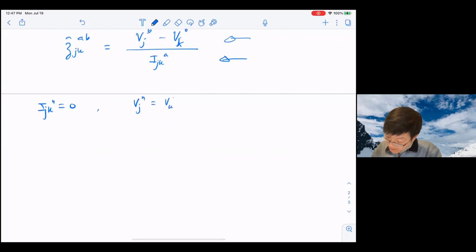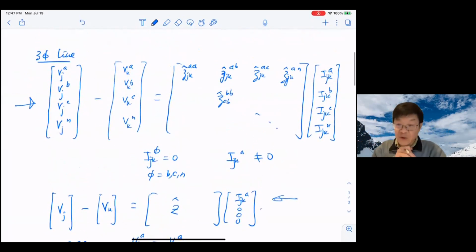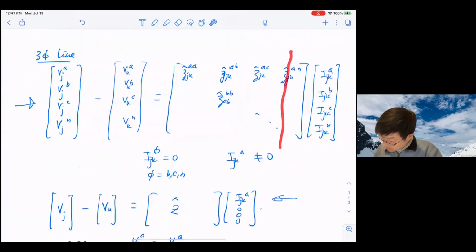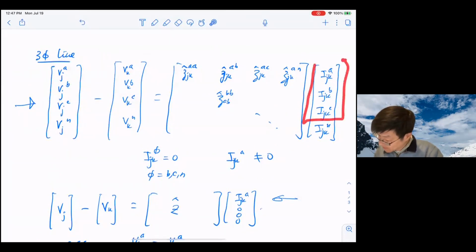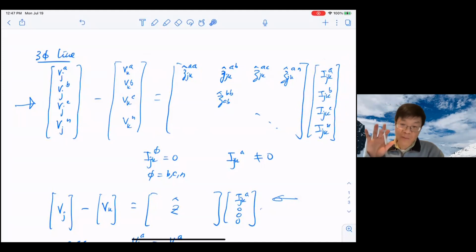Now, if you substitute one of these two conditions in that basic relationship, then you get a nice simplification. In the case when there's no neutral line, so I_jk^n is 0, then we can ignore the last row and last column and end up with a relationship between ABC phase voltages and ABC phase currents, related by a 3x3 matrix, right?